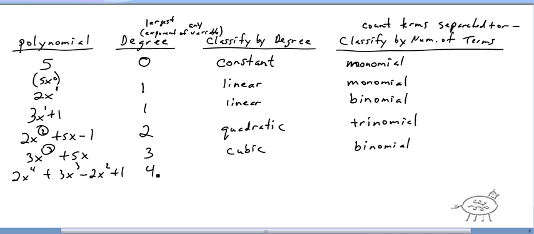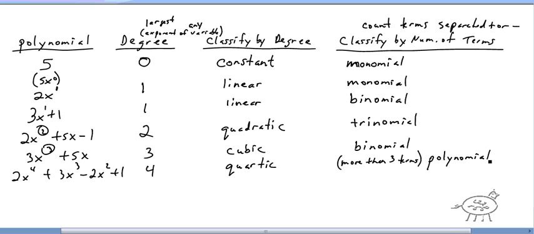Quart, so 4. So it's quartic. And if there are more than 3 terms, we just call this a polynomial.